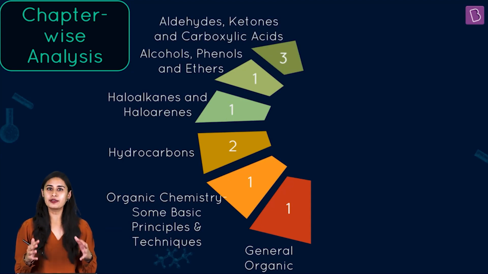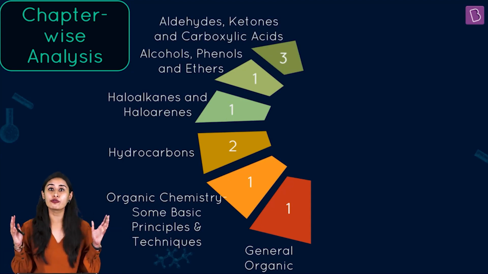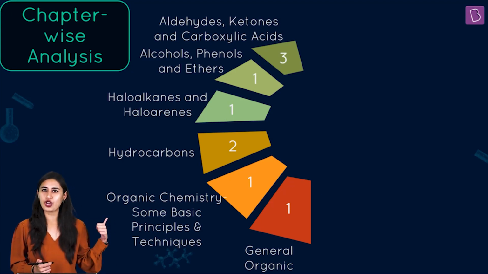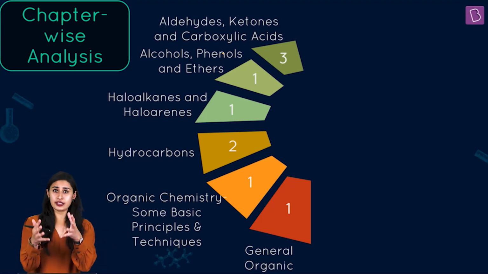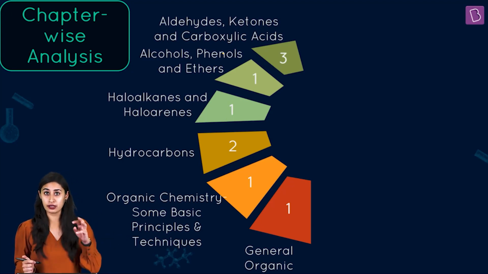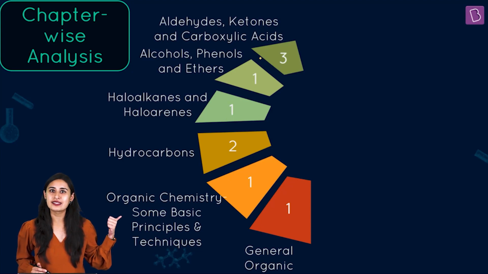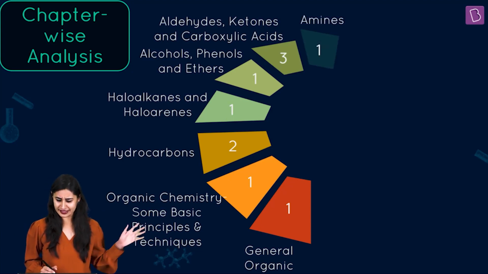And the chapter which is a hub of all different name reactions, the carbonyl chemistry chapter. You have aldehydes, ketones, carboxylic acids. Even the ester is a part of this very chapter. 3 questions were asked from aldehydes, ketones, and carboxylic acids. What next?